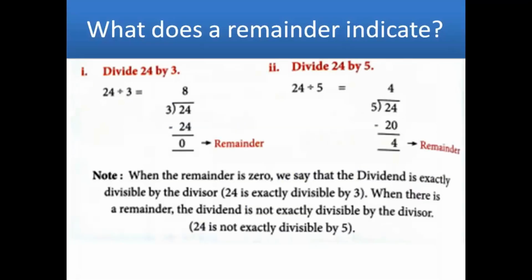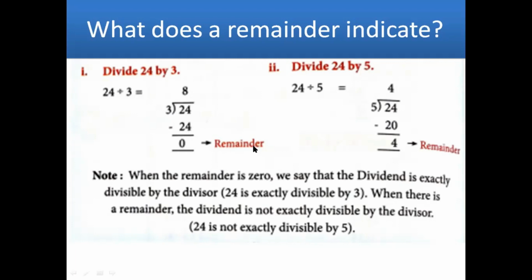What does a remainder indicate? For example, divide 24 by 3. 3 is the divisor, 24 is the dividend. Now in the table of 3: 3 1 ja 3, 3 2 ja 6, 3 3 ja 9, 3 4 ja 12, 3 5 ja 15, 3 6 ja 18, 3 7 ja 21, 3 8 ja 24. 24 minus 24, how much? 0.